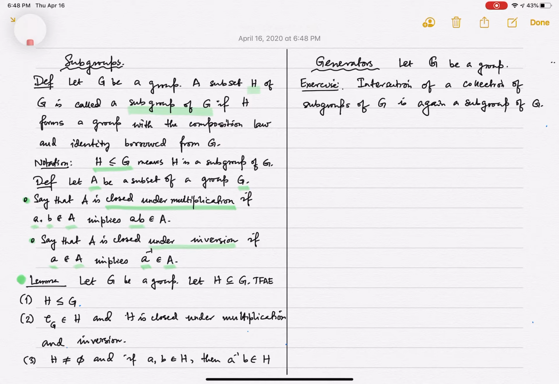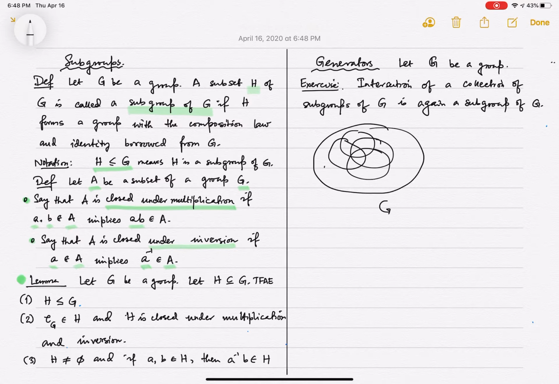So if you have a bunch of subgroups in a group G, the common part is again a subgroup. That's what you want to remember.